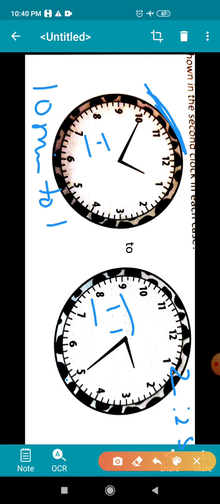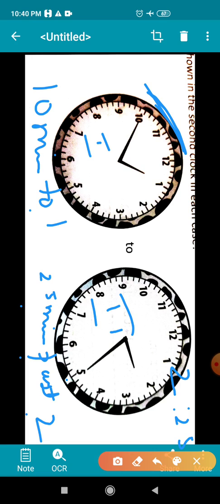Or you can write 25 minutes past 2. Okay, now we have to tell the time interval between 10 minutes to 1 and 25 minutes past 2.